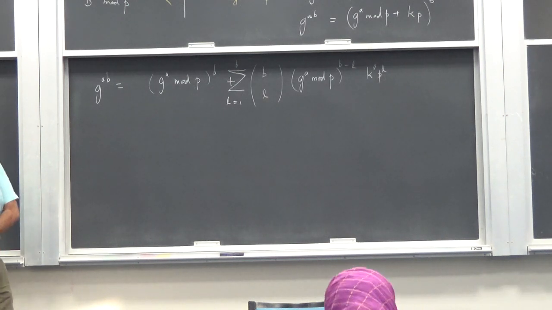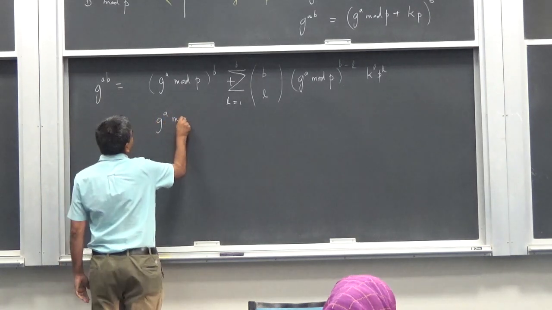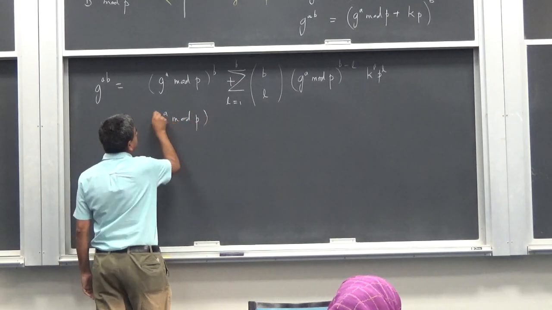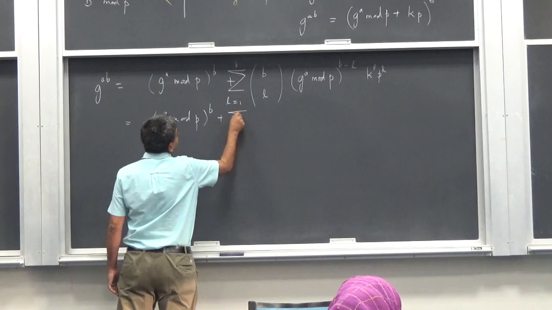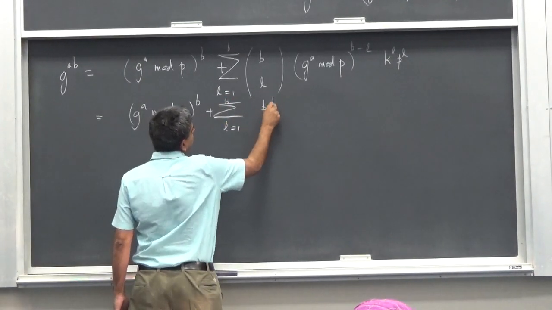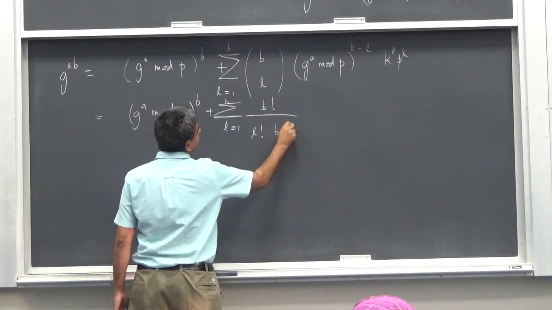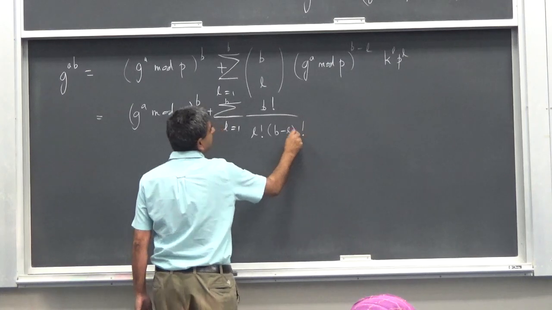Okay. So this becomes (G^A mod P) raised to power B plus the summation over L. This is, I think, B factorial divided by L factorial divided by (B minus L) factorial.